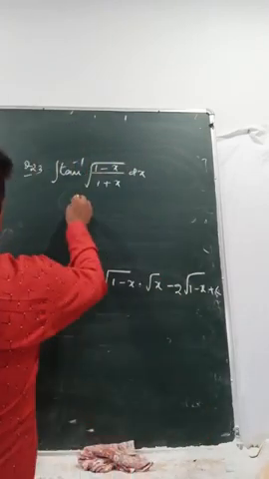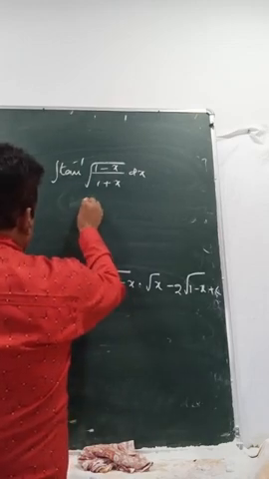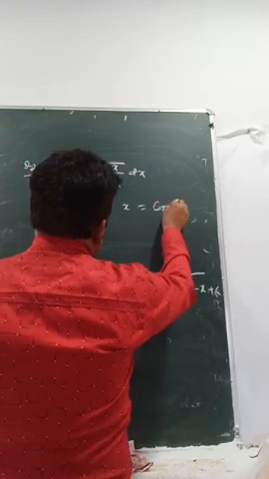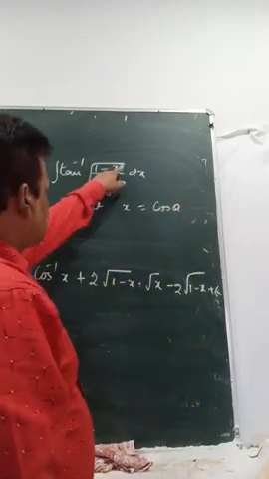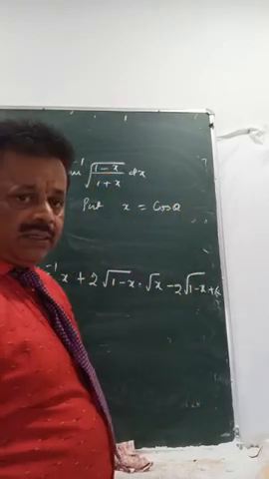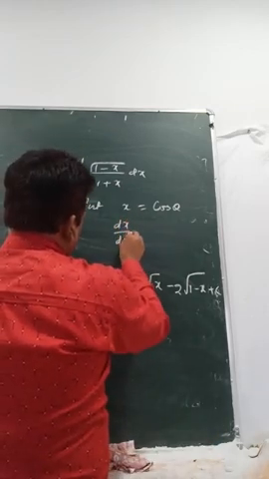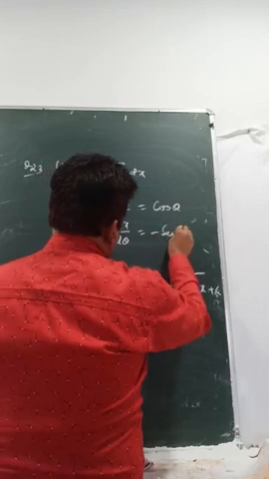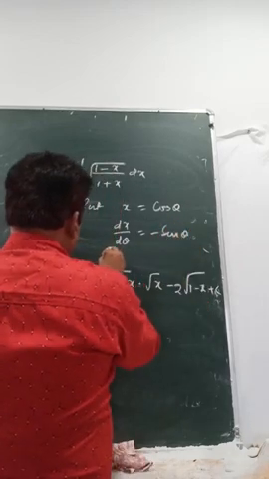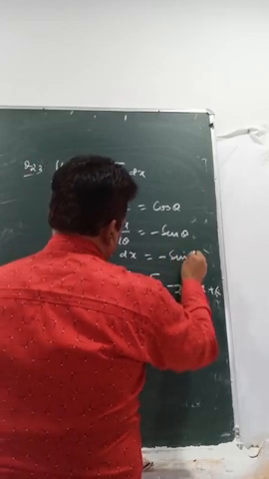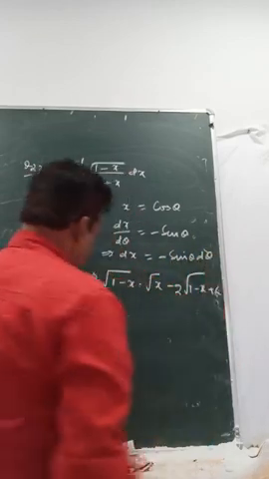The same thing. Put x equals cos theta. 1 minus cos theta by 1 plus cos theta, you find the formula. So dx by d theta is minus sin theta, dx equals minus sin theta d theta.